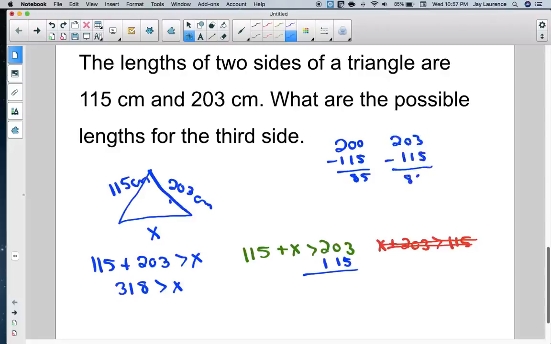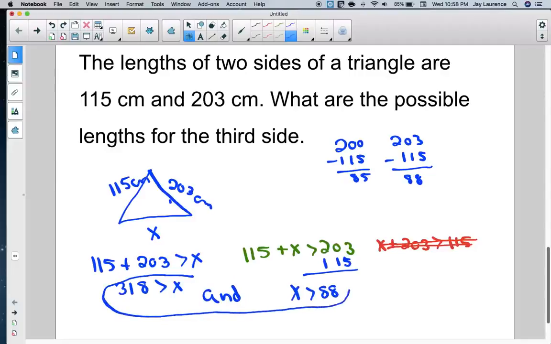So I must have 3 more in my answer. The answer would be 88. So x is going to be greater than 88. All right, so here's my compound inequality. And then I would write a sentence. And I would say the length of the third side of the triangle is greater than 88 centimeters.